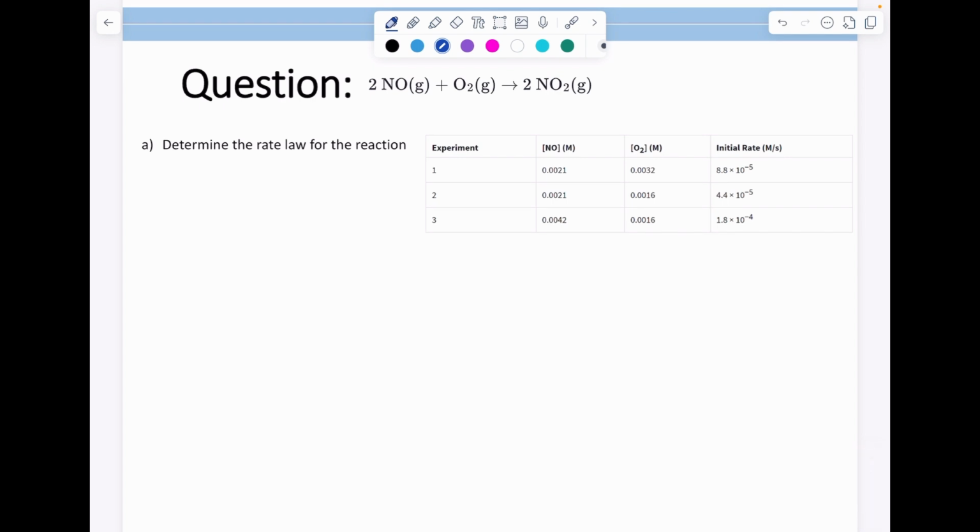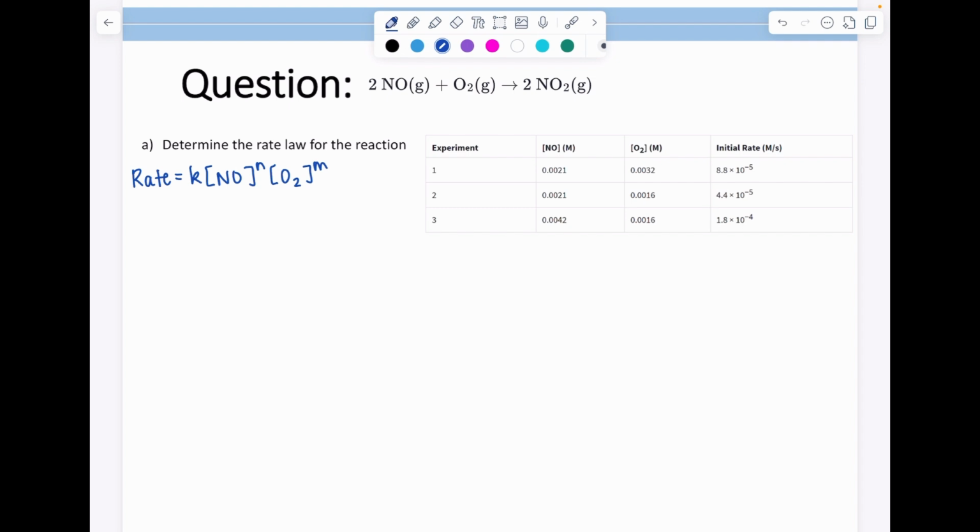Well, we can write the rate equation, but we don't know the exponents yet. But we know that the rate will be equal to some rate constant times the concentration of NO to some power. We have to figure out what that is, which we will do on this page. And then times the concentration of O2 to some power. Again, we'll find that on this page. To determine the order with respect to an individual reactant, we need to compare two sets of experimental data.